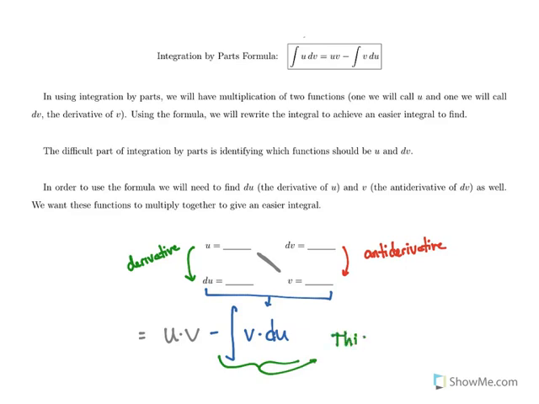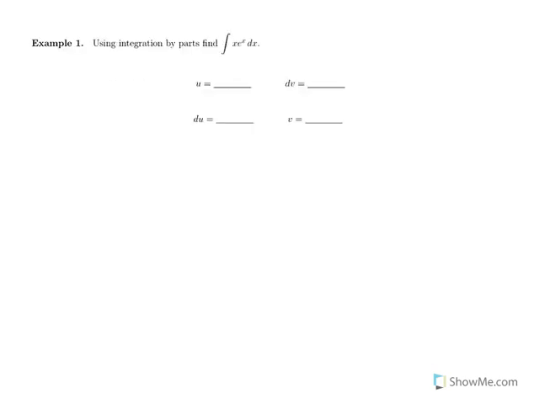So this integral should be easier to take care of. If it is not easier to do, then this technique may not be helping us at all. And we'll see some examples here of what we're talking about.